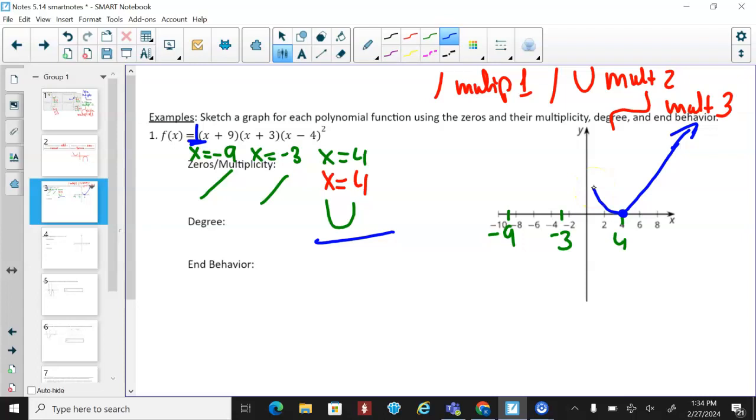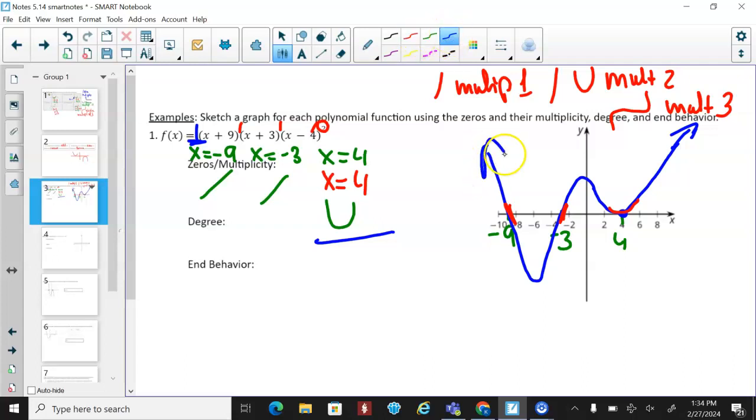Okay. Now, I also know that I'm going to slice through -3, and I'm going to slice through -9. Okay. So again, this is a slice because the multiplicity is 1 and 1, and there is a bounce because the multiplicity is 2. Okay. So that's how we determine how we're going to graph it.